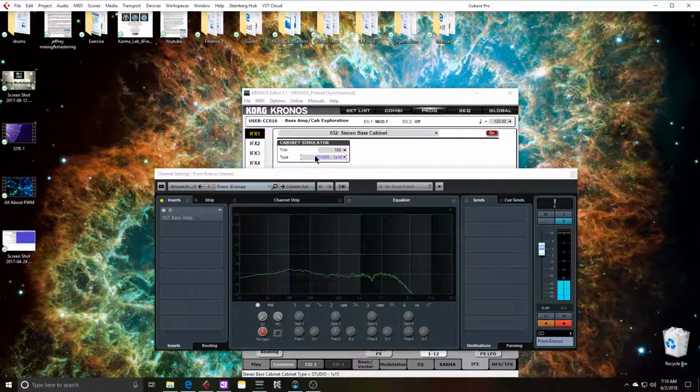Going down the list, I like the 1x15. I think this is one 15-inch speaker. Well, I mean, that's exactly what it is. I like the flavors of these. These are very nice. 2x15, again, losing some of these high ends.